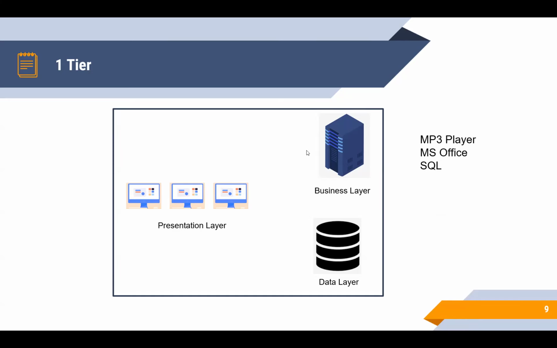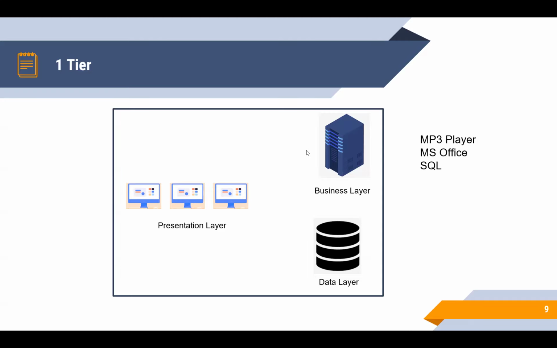The best example of this is any MP3 player, Microsoft Office, or let's suppose SQL. When we are talking about the MP3 player, let's suppose you have installed one MP3 player in your machine, or let's suppose you have installed MS Office in your machine, correct?